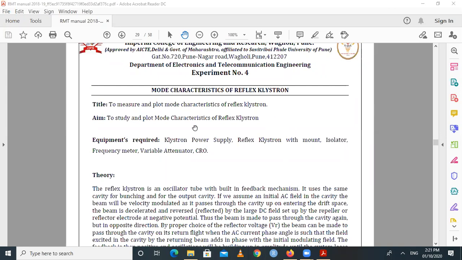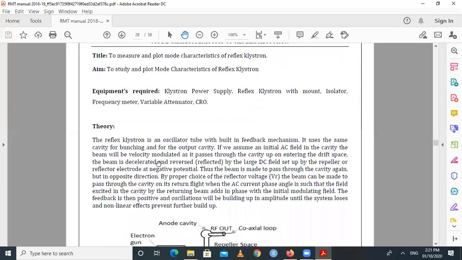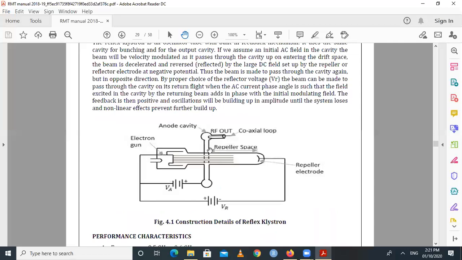So for this particular experiment, the title is that we have to measure as well as plot the mode characteristics of the reflex klystron. Again, I will tell you that a klystron has different types, like 2 cavity klystron, multi cavity klystron, and reflex klystron. So the reflex klystron contains only 1 cavity. When we see the diagram of a reflex klystron, it contains only 1 cavity, and that cavity is called the anode cavity.